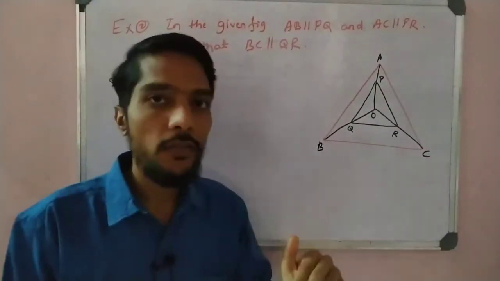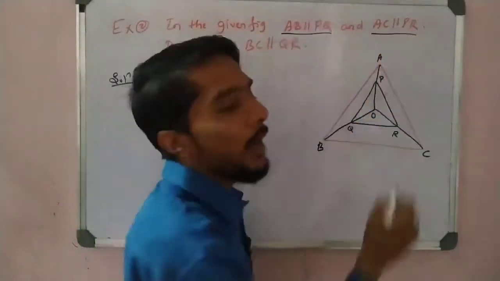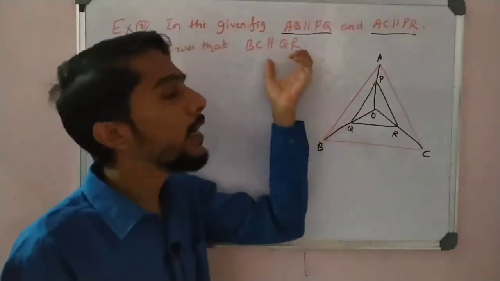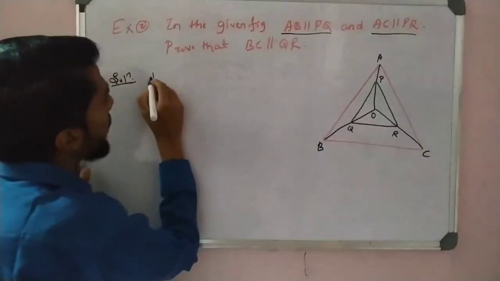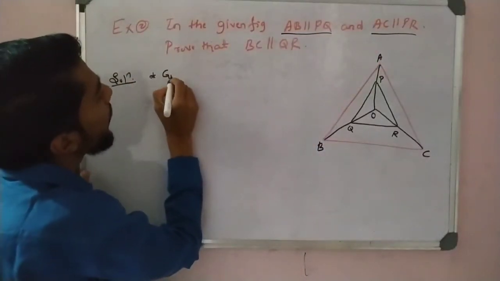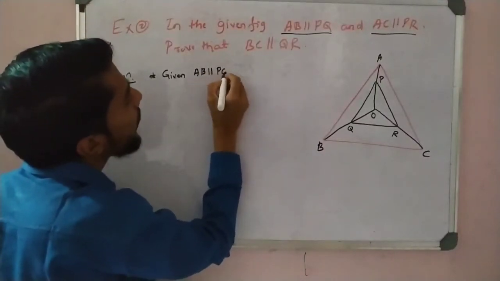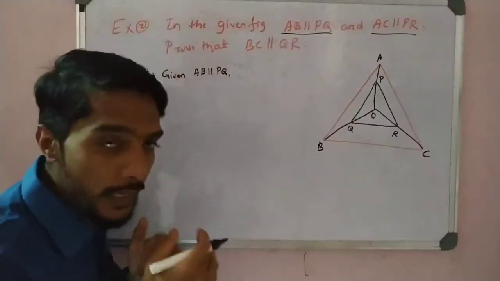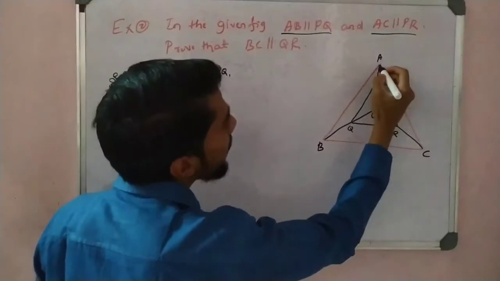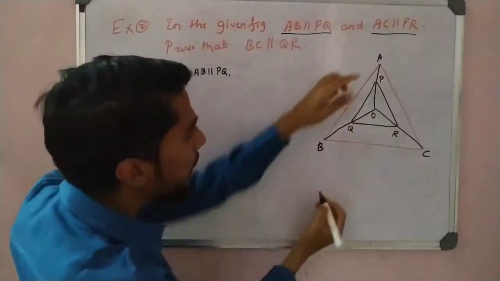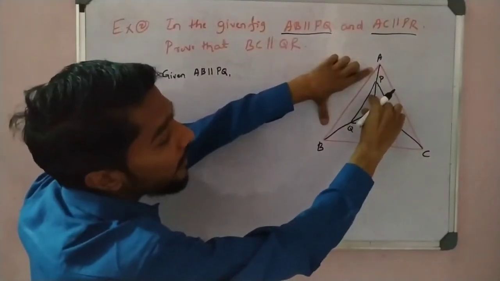Same process: find case 1 and case 2. Take the first one and apply BPT, then take the second one, apply BPT, and compare 1 and 2, and you get the result automatically. For case number 1, first write it and then check in the diagram. If AB and PQ are taken, which triangle do we select?